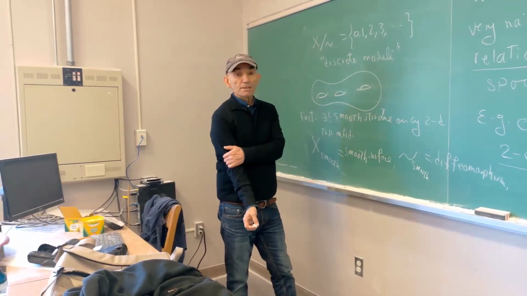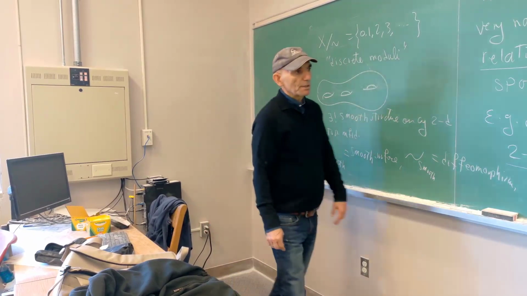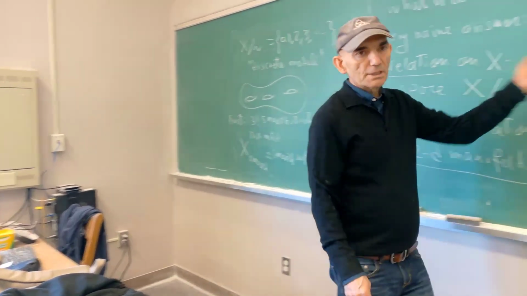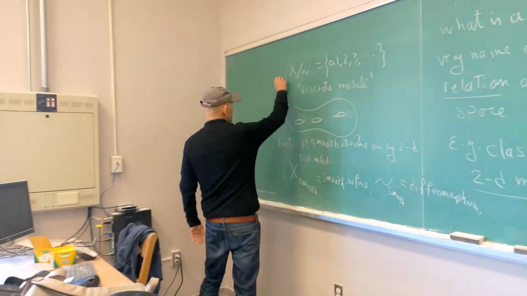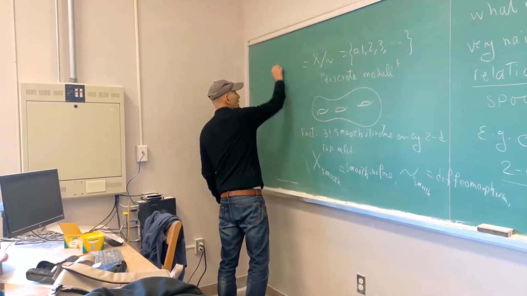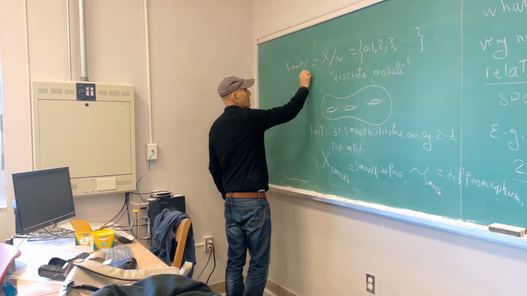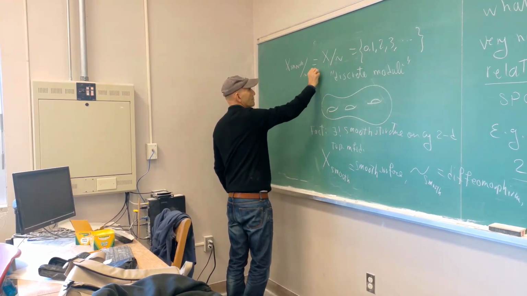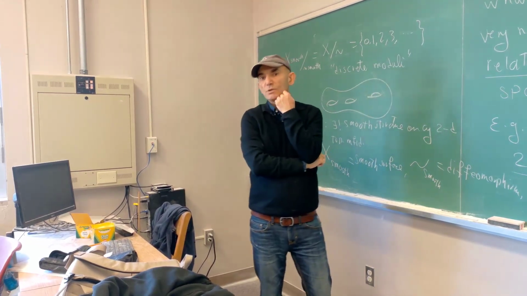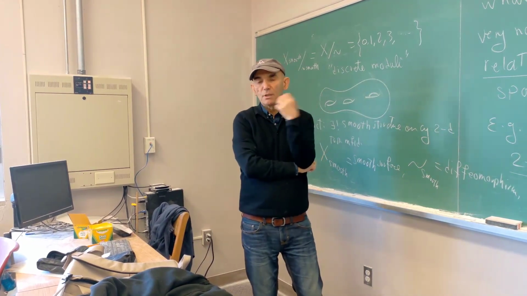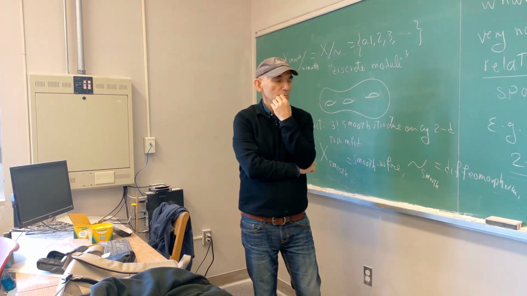Then we don't get anything new. If you do the same thing, you get, again, this set. In other words, this is equal to X smooth over diffeomorphism. So we don't get anything new in this case. No new objects will pop out.